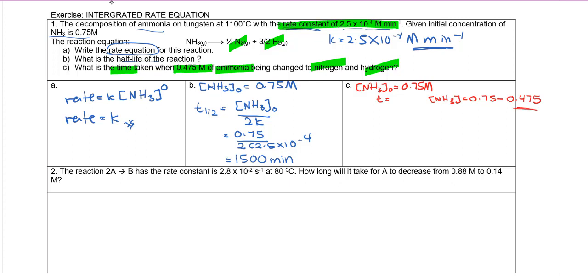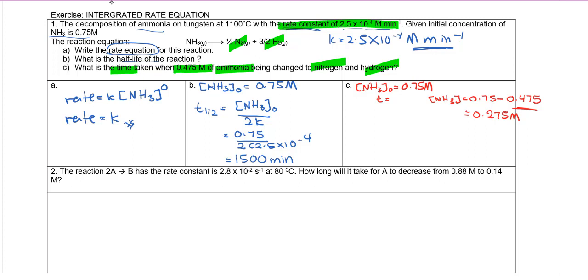So we need to find the remaining concentration, which is 0.275 molar. From 0.75 molar initial, 0.475 molar converted to product, so the remaining is 0.275 molar.